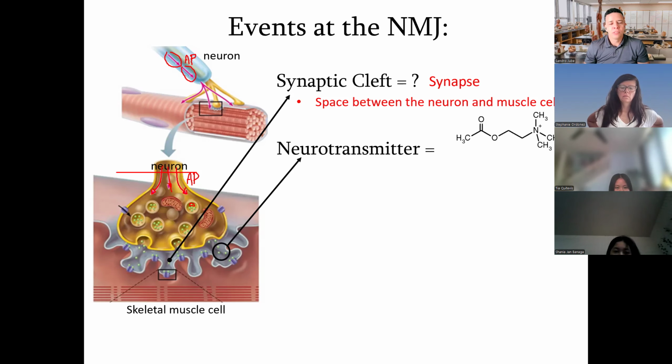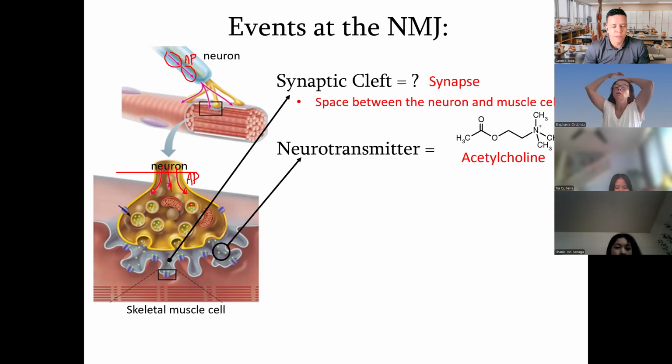Now, what's going to happen to these little neurotransmitters, these little chemicals? Guys, there are several different types of neurotransmitters, which again are chemicals. Each one of these neurotransmitters plays a different function in different parts of the body.